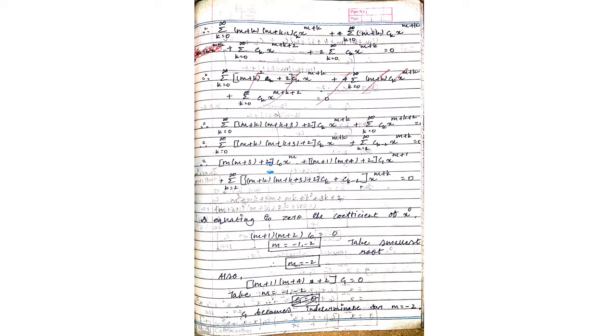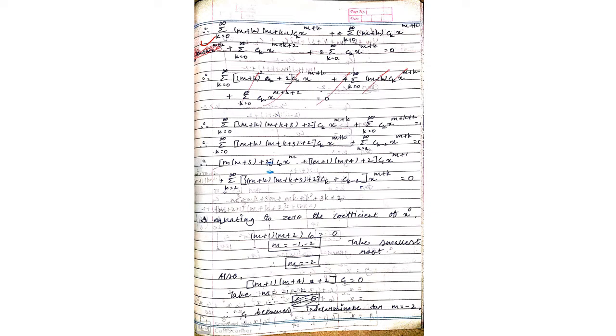Okay, now next you have to convert the x terms into single terms of x, right? In this step I did this. So see the first term, that is x square into x to the power m plus k minus 2.